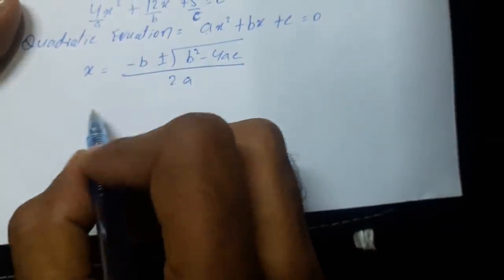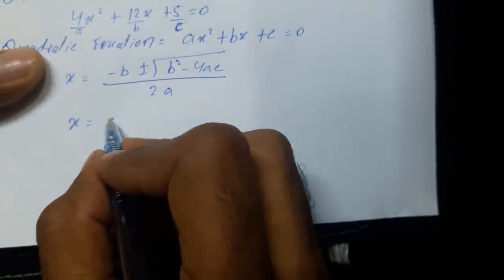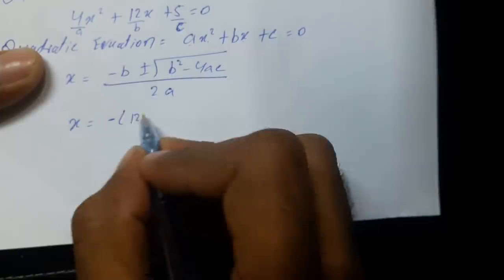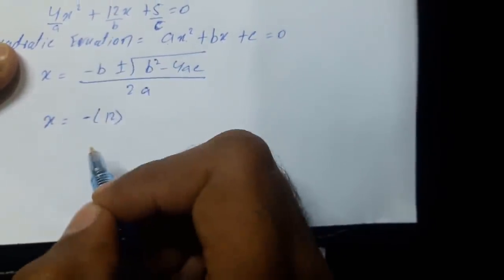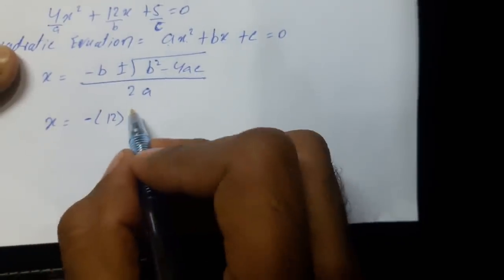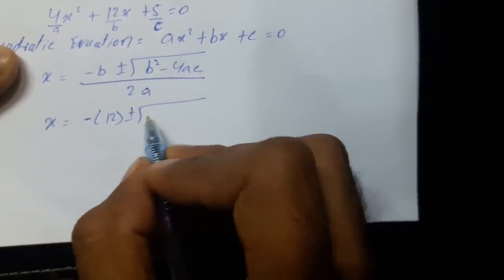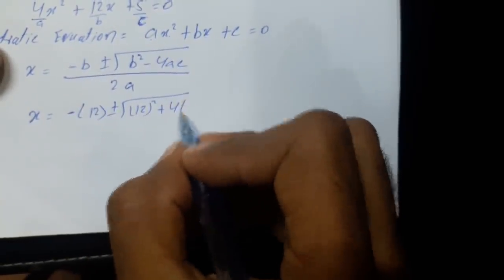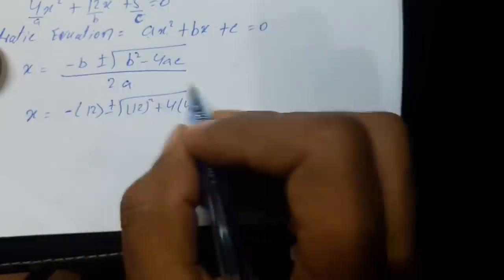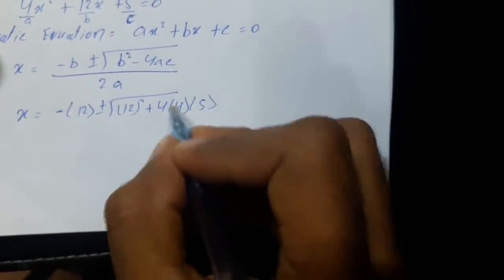So x is equal to minus b, the value is 12, so I will put minus and the value 12 in brackets because the sign of the 12 is plus. That's why I put it in the brackets. Plus minus square root of 12 square plus 4, where the value of a is 4 and the value of c is 5.